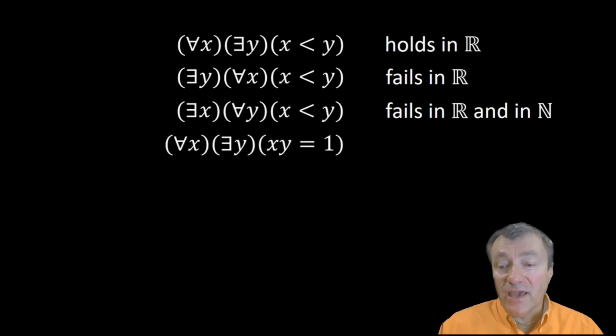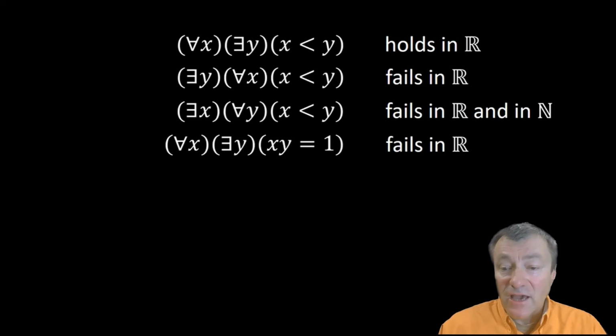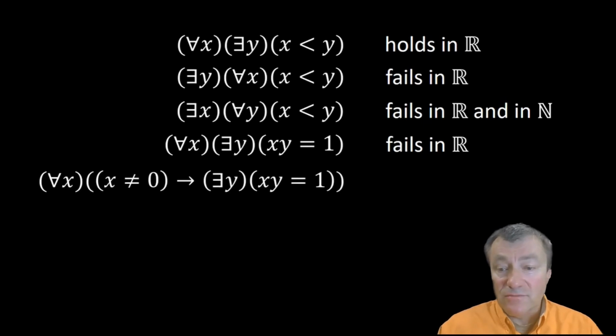Here, we are saying that every element has a multiplicative inverse. This fails in the reals and in most number systems. In fact, the ones we care about, the point is that you would have to exclude 0 for x to make this hold, which we can do.